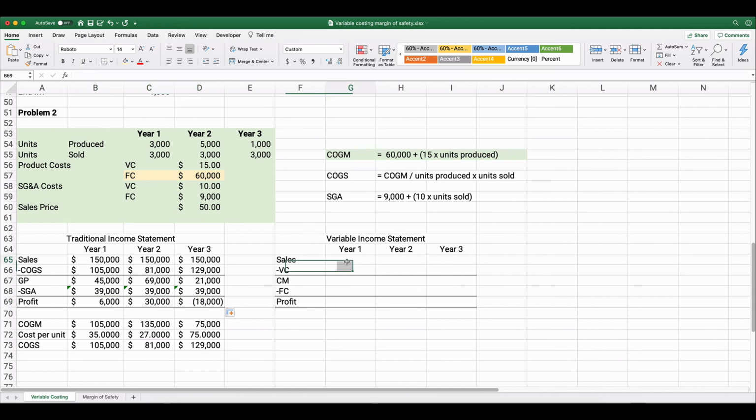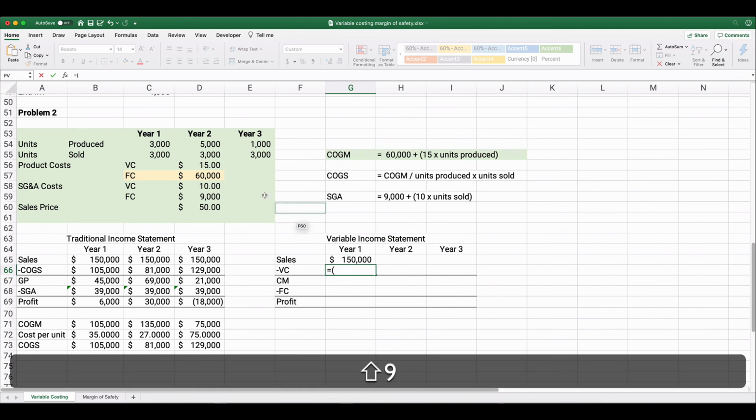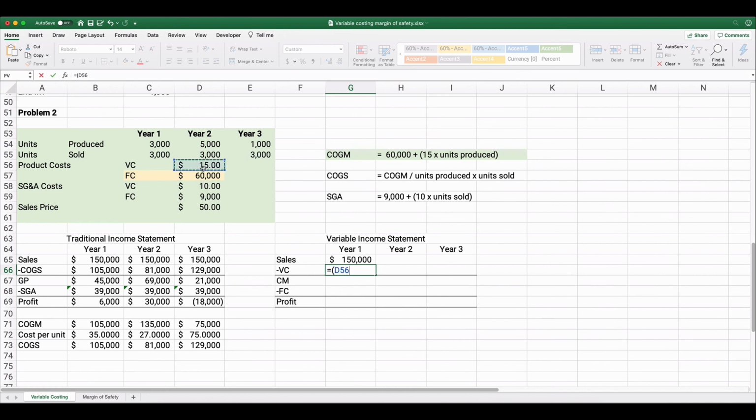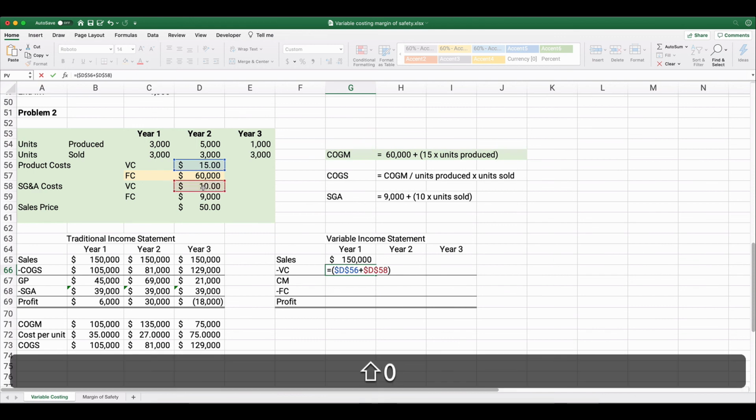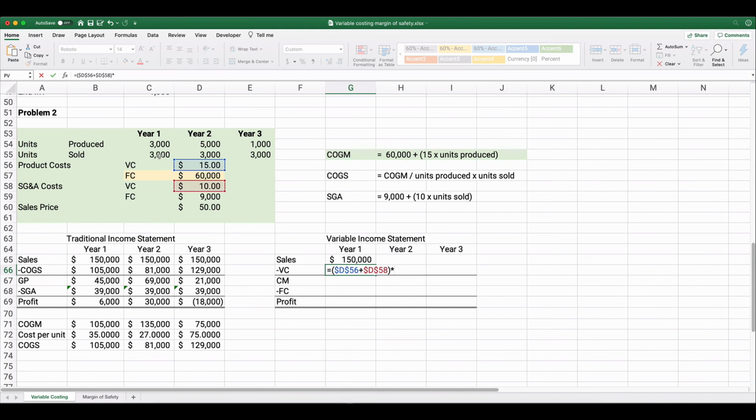So if we go to the variable income statement, we're going to take the $50 times the 3,000 that we sold, and we can just copy it across. Our variable cost is going to be the $15 plus the $10, that's each, times the number we sold, the 3,000 here.